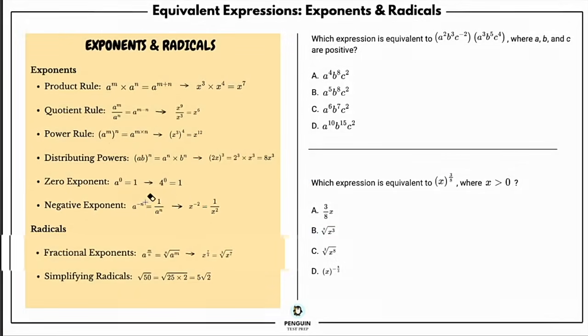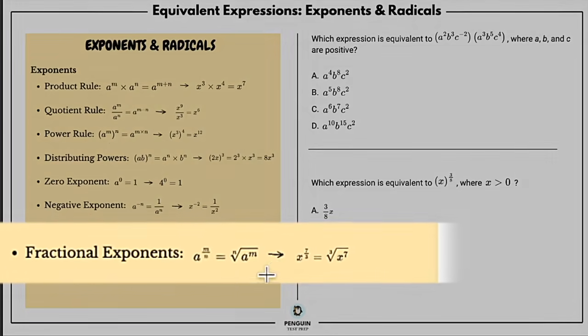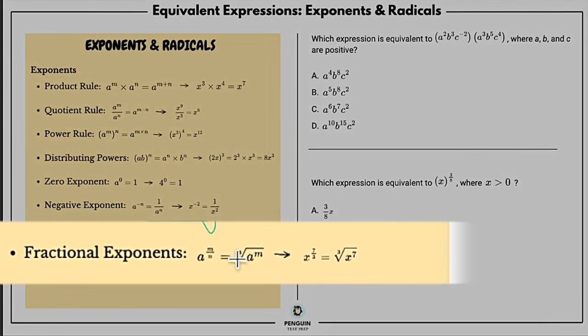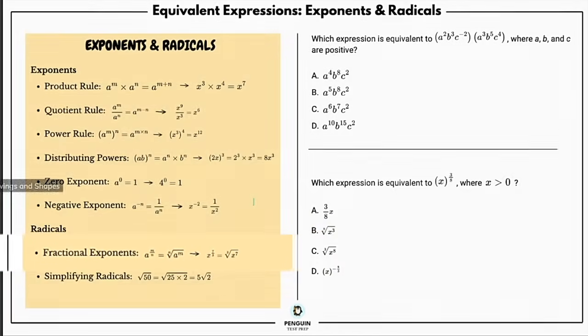The fractional exponents rule is a way of converting this radical version into a base with an exponent that's in the form of a fraction. The rule is our numerator is going to stay with the base and our denominator is going to go into the root. Sorry, I said I wasn't going to do examples, but this one has a nice little illustration to go with it.